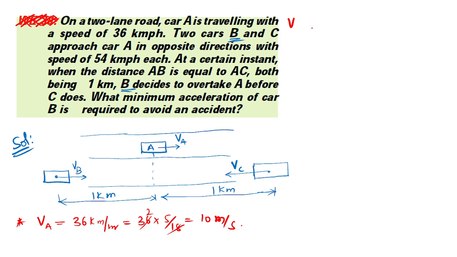VB and VC both are equal only, no? So VB equals VC, which is 54 kilometer per hour. So 54 into 5 by 18, three times. So 15 meter per second will be correct.